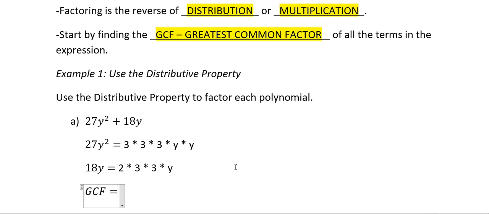We're creating our GCF by circling our common factors, which I'm not sure I can do in here, but let me see what I can do. Bear with me.